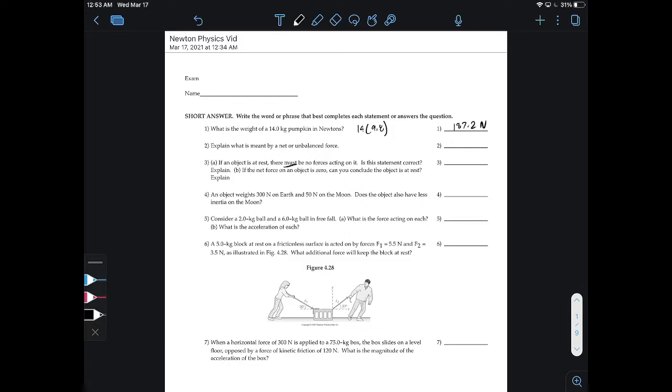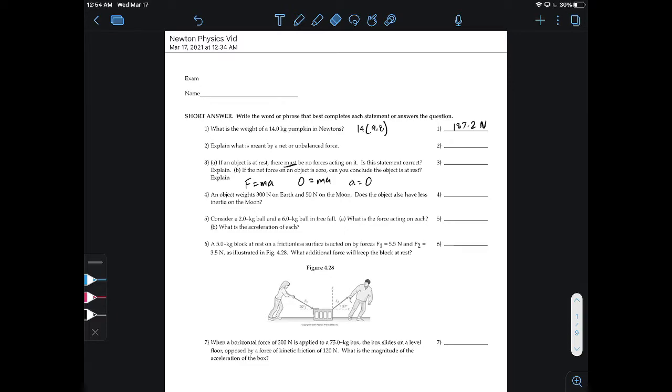The net force, okay, this one we're going to go to Newton's second law and say F is equal to ma. Now from this, we can say that this force is equal to 0, which means that the acceleration is equal to 0. I'm not including units because of the space, but that's meters per second squared.